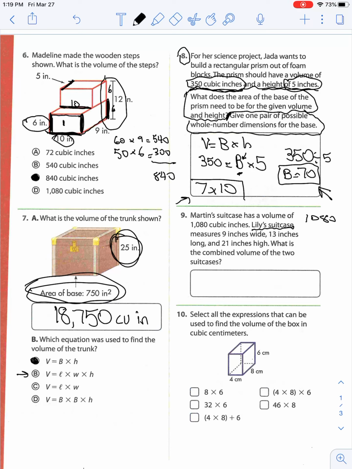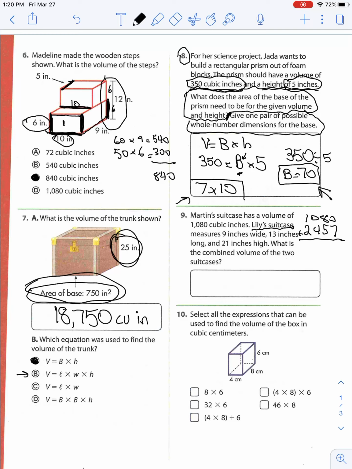So I'm going to do that on my calculator here. 9 times 13 times 21 equals 2,457. So her suitcase is way bigger than his.